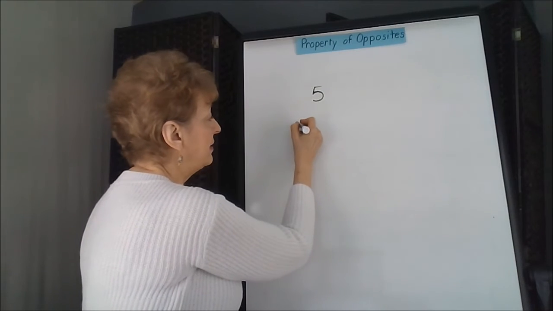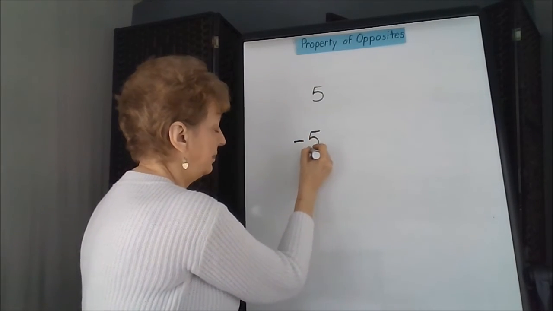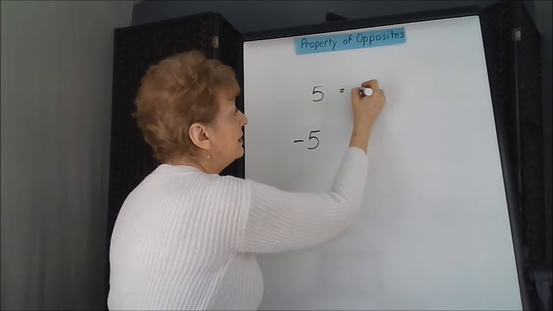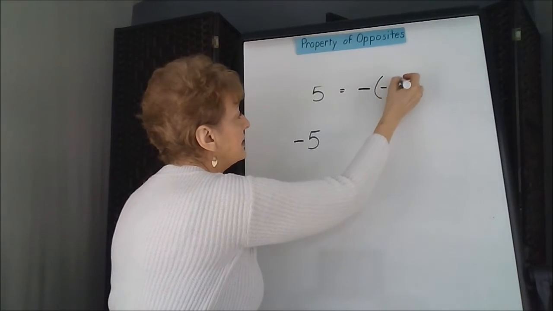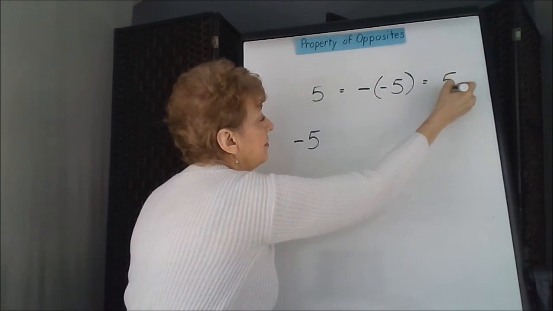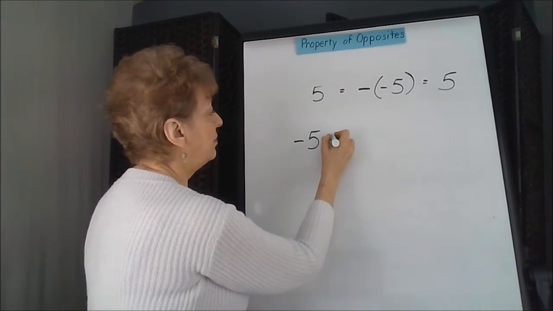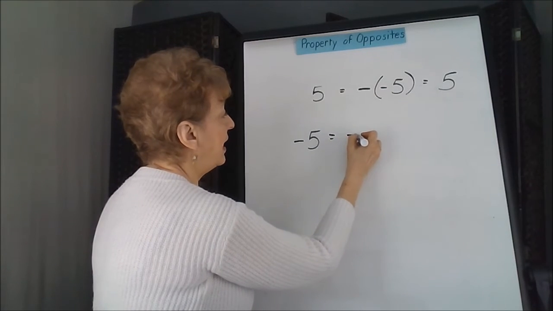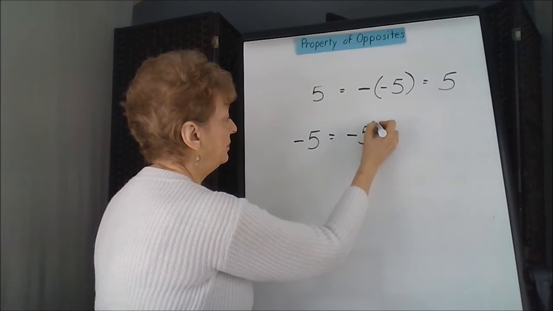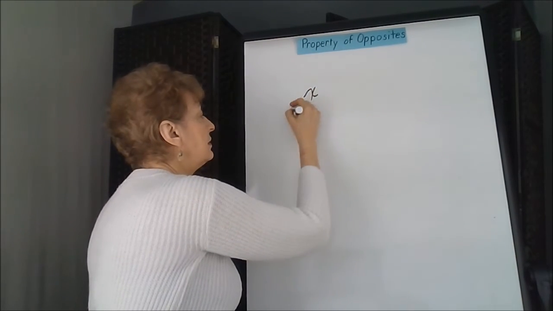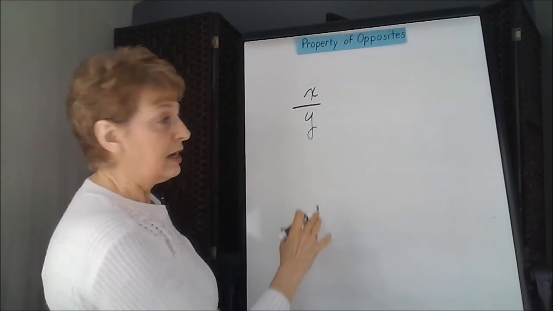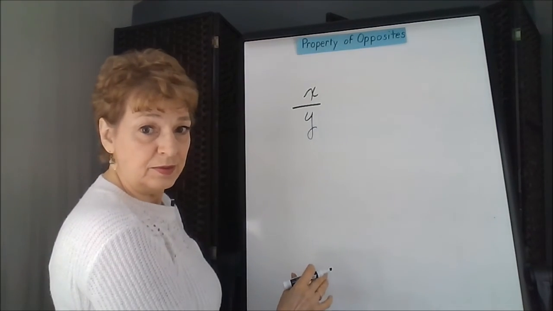And the opposite of 5, we could also say this as negative 5, and the opposite of negative 5 would be 5. If we had x divided by y, the opposite of that is shown in several different ways.